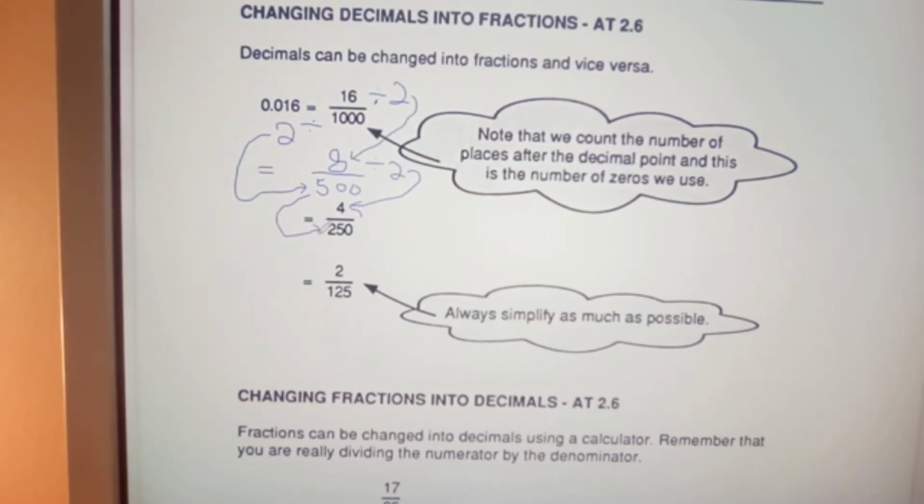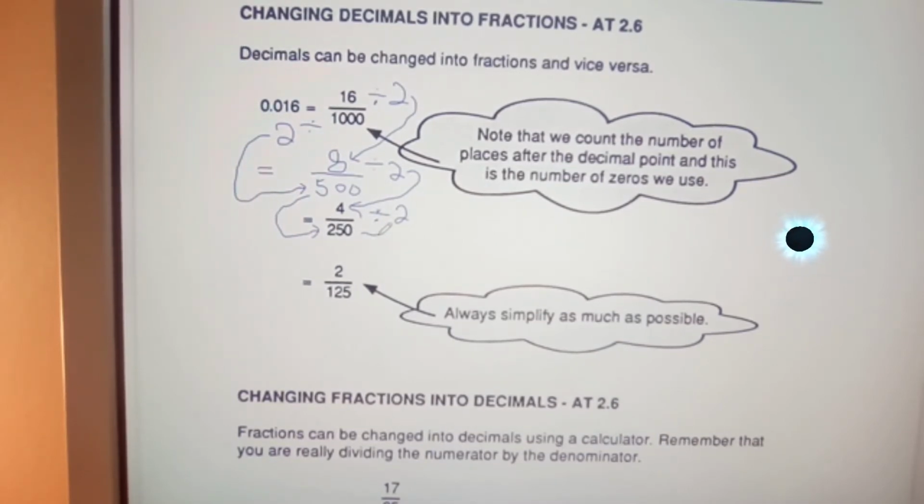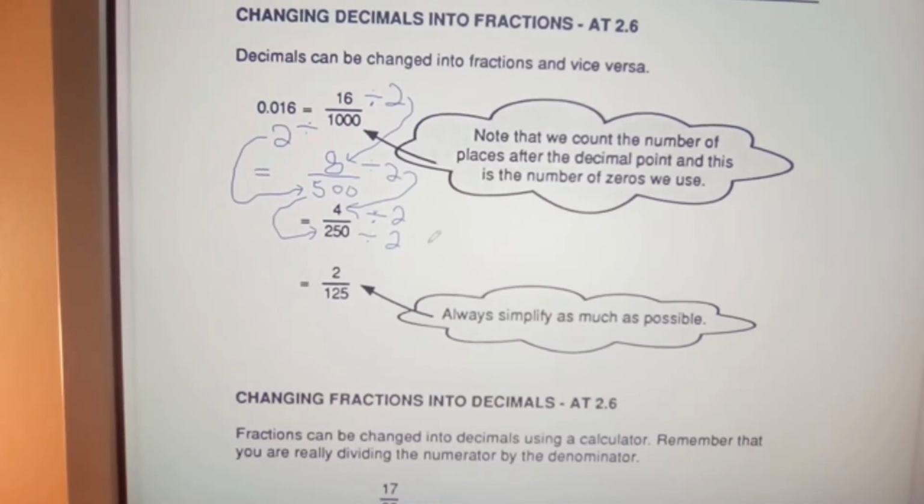Again, if we divide 4 by 2, and again we divide that by 2, with the division symbol, that will then give us that is equal to this.